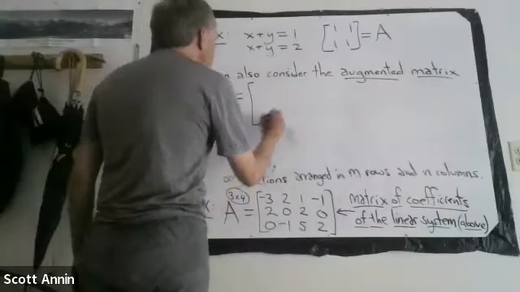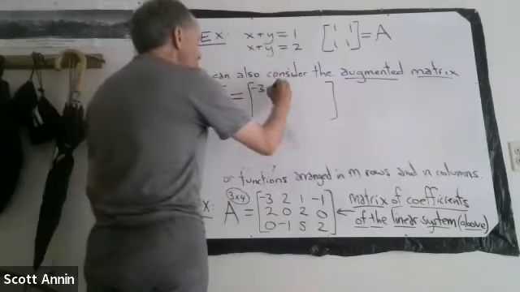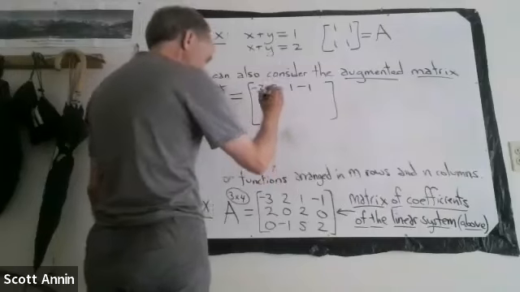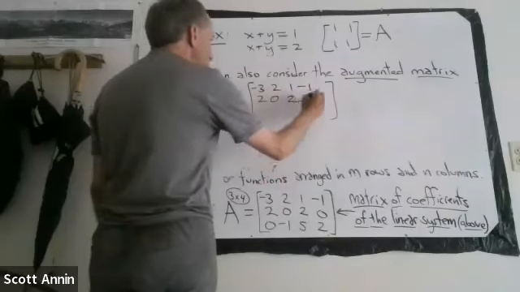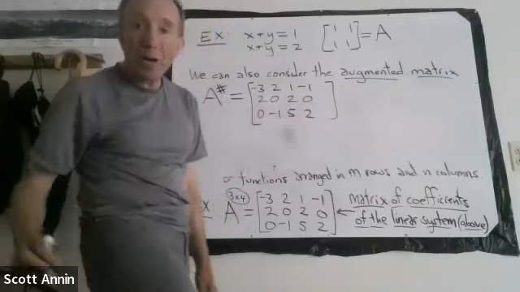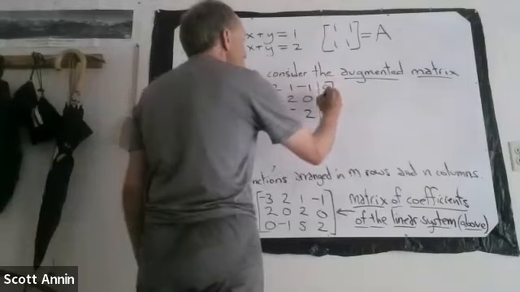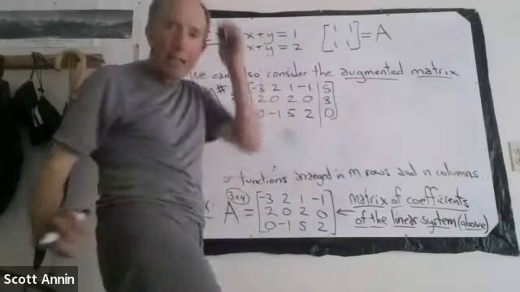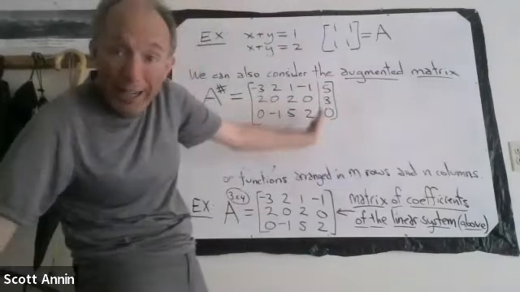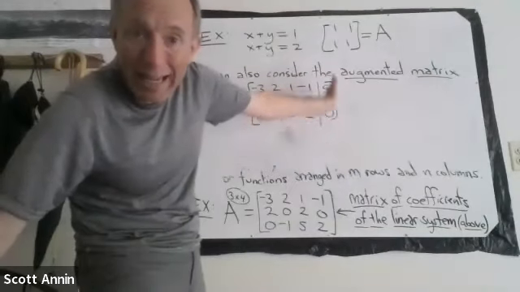Going back to the larger example here at the bottom, what we would do is take the original coefficient matrix, which I'm rewriting again, and add one more column over here on the right. I highly recommend that you use a bar here to separate this far right-hand side.